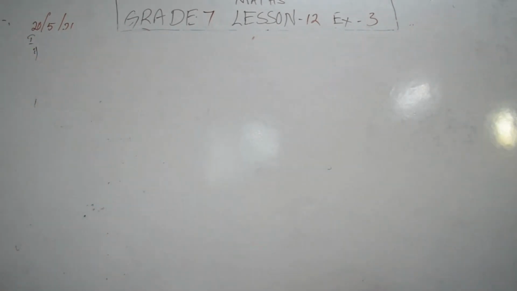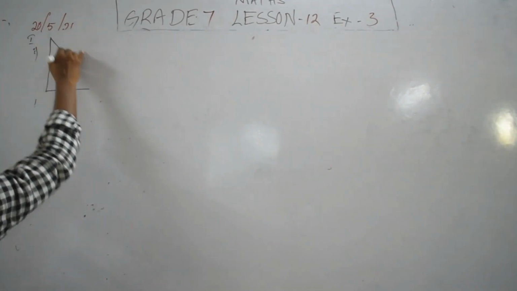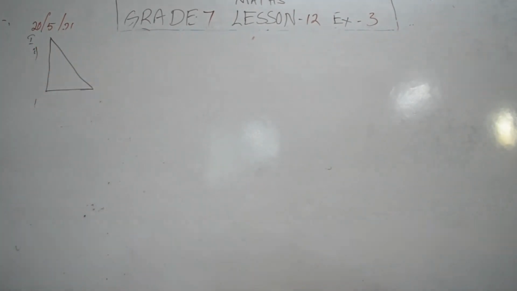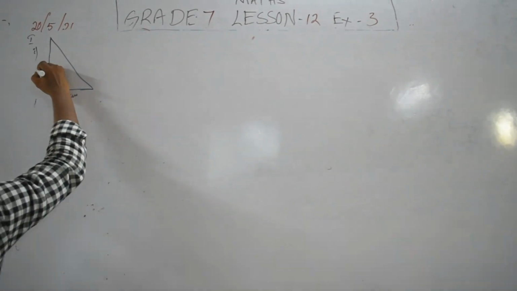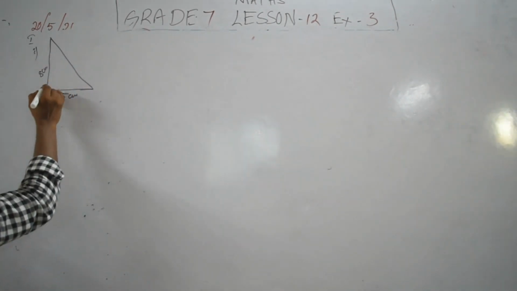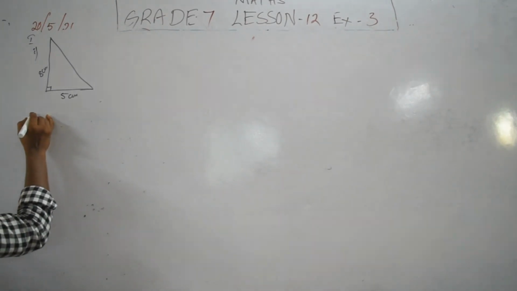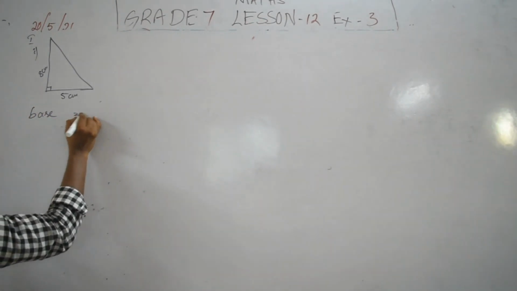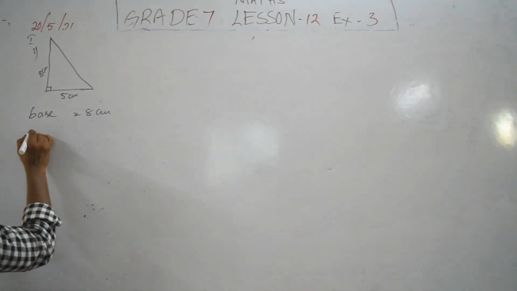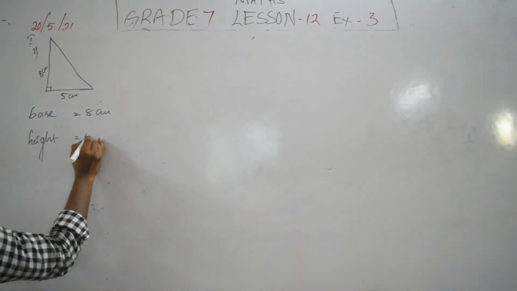Here one triangle is given: 5 centimeters, 8 centimeters. So here base how much? Base 8 centimeters. Height 5 centimeters.